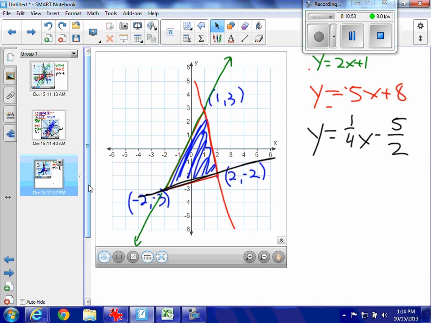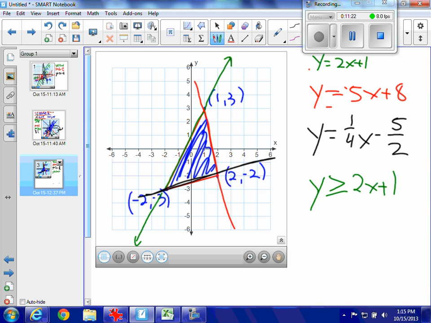So fortunately, none of my boundary lines are on 0, 0, which, as you know, is my favorite point. So what I'm going to do is this. I'm going to take a guess. I'm going to look at my green line first, right up there. And I'm just going to say y is greater than or equal to 2x plus 1. I'm just taking a stab in the dark.